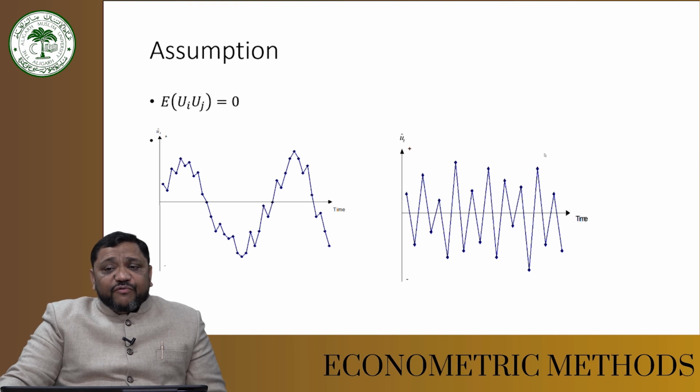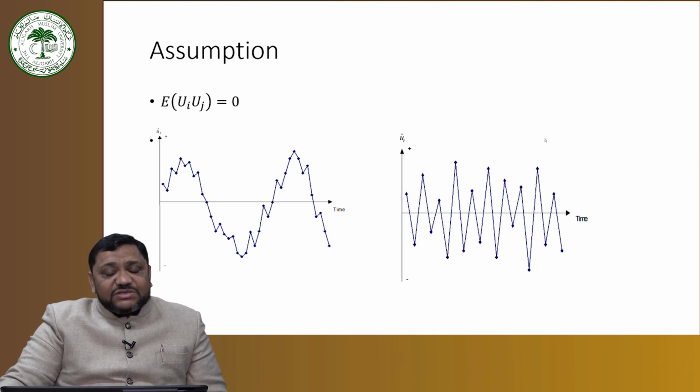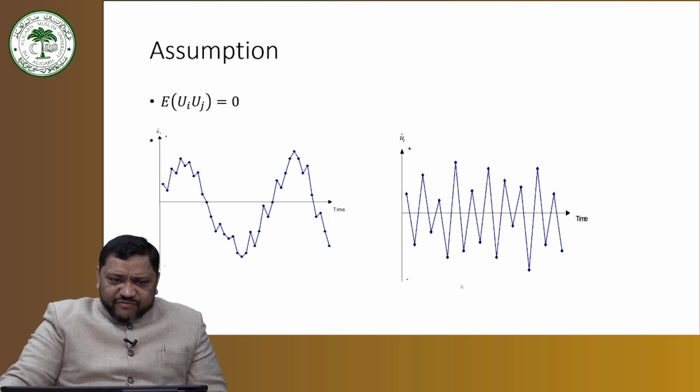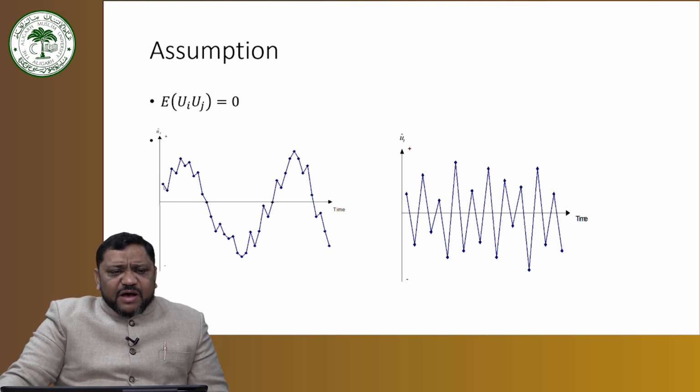The value which the random term assumes in one period does not depend on the value which is assumed in any other period. See, we have a case over here. Anything above this line is positive and anything beneath this line is negative. So this is what happens in this case.